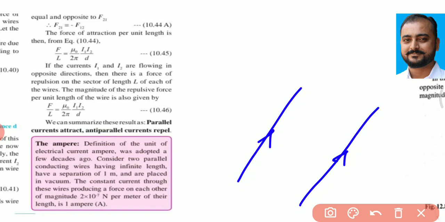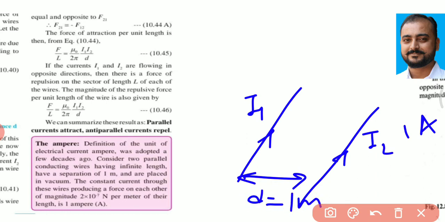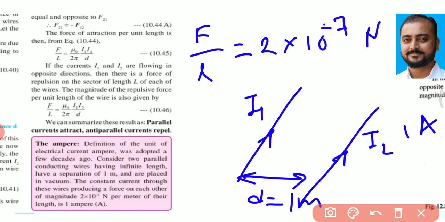When two long straight parallel conductors carrying currents I1 and I2 of 1 ampere each are separated by a distance of 1 meter, then the force of attraction or repulsion per unit length between them is equal to 2 into 10 to the power minus 7 Newton per meter.